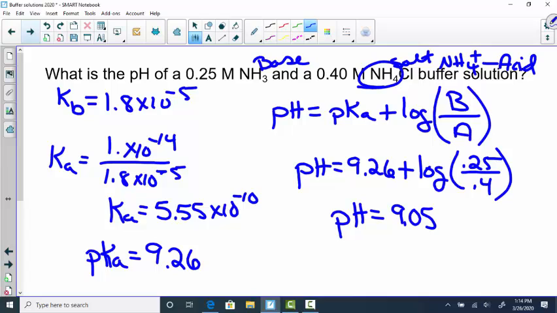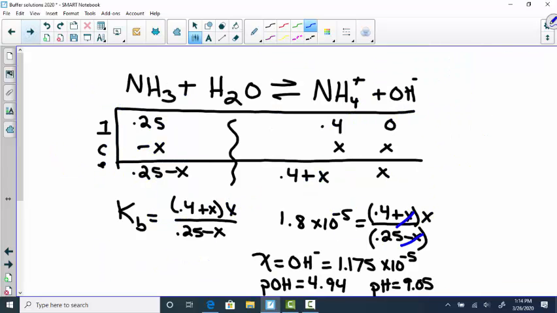So, basically, this Henderson-Hasselbalch saves you the time of having to do the ice chart. Just to show you, this problem worked out as an ice chart problem.